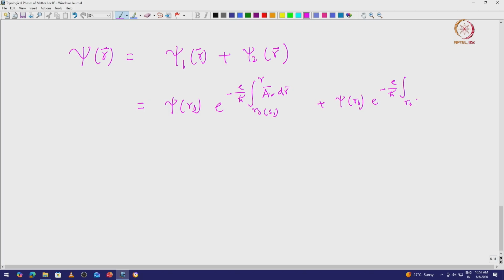The same thing, but in a different path, and as we talked about earlier, these phases or parallel transports are path dependent.